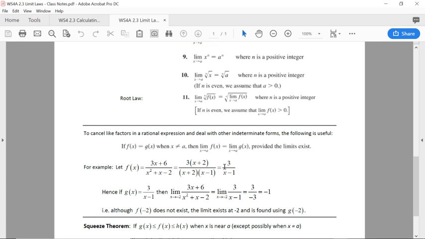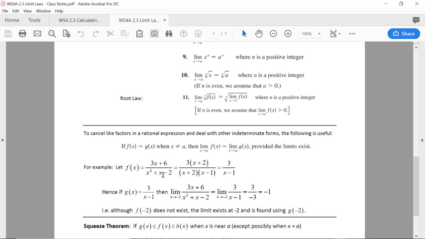Right? So if we were to, for instance, graph this function, y equals 3 over x minus 1, the only really interesting characteristics on the graph of y equals 3 over x minus 1 would be that there's a vertical asymptote at x equals 1 and a horizontal asymptote at y equals 0. But if we were to take a look at the graph of f of x, 3x plus 6 over x squared plus x minus 2, that graph would have the same asymptotes as we just talked about.